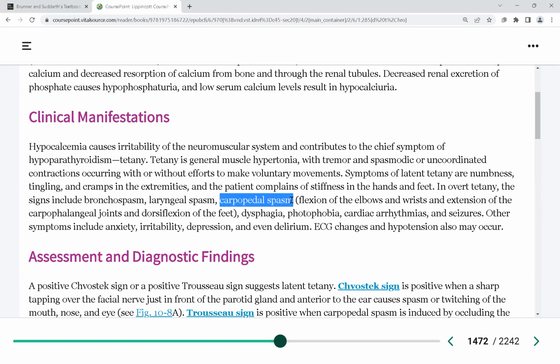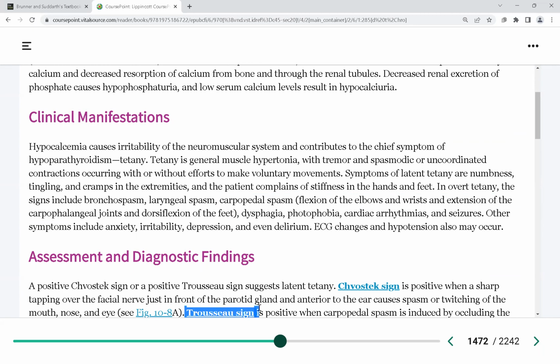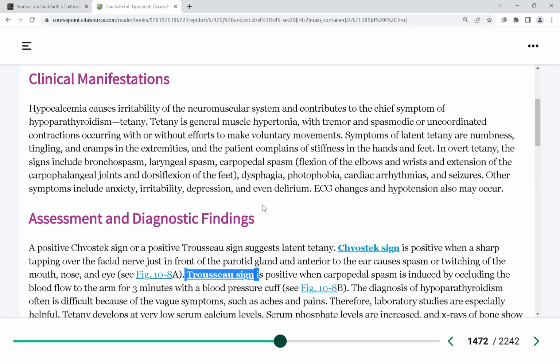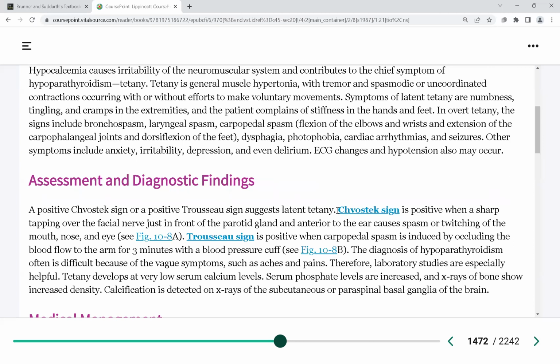Carpopedal spasm, what do we call this? That's called Trousseau sign. So carpopedal spasm is called Trousseau sign. When you put a tourniquet or a blood pressure cuff on the arm, it will cause carpopedal spasms. What about this one? What is Chvostek sign? Where will the spasms be? In the face. Very good.